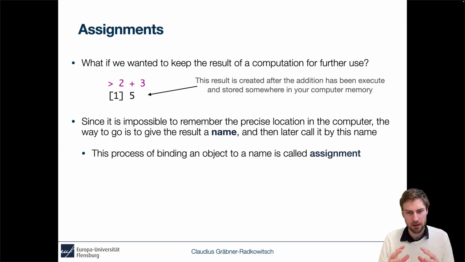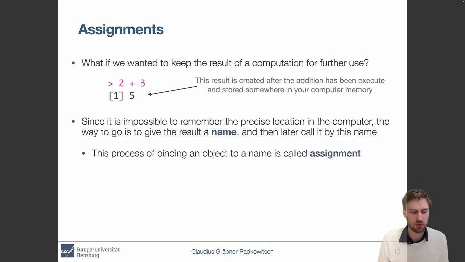And it is actually effectuated by a function, which is logical because assigning a name to something means to do something, and as we heard from the quote, doing something in R always involves the call of a function. Now let's check out how we actually call this function that helps us to do an assignment, meaning to bind a name to an object that we then want to use for further reference.